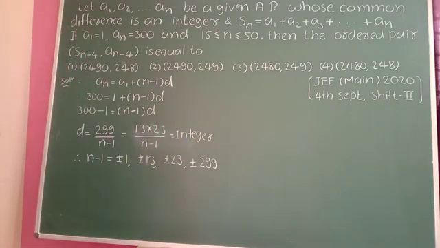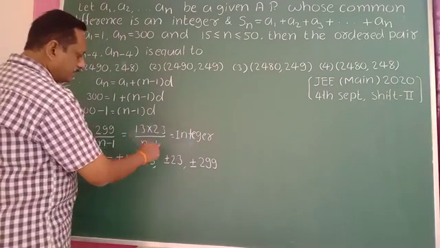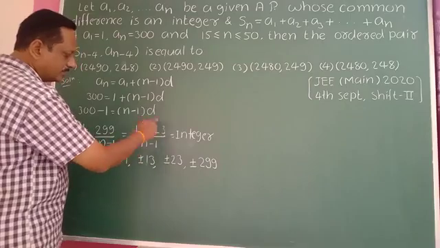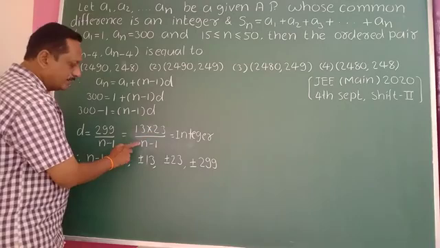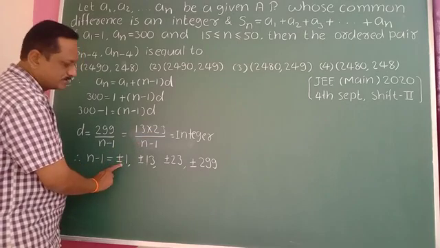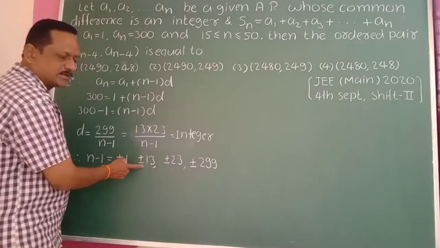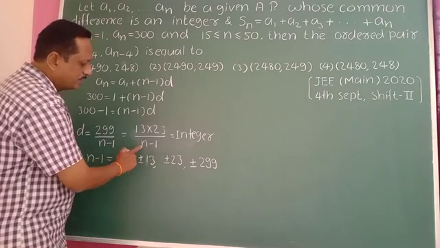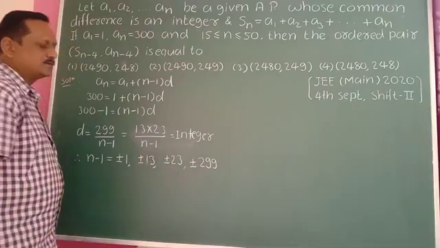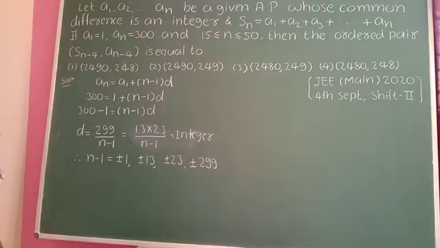Okay? Therefore the total term is an integer when this denominator is plus 1 or minus 1, or plus 13 or minus 13, or plus 23 or minus 23, or plus 299 or minus 299.